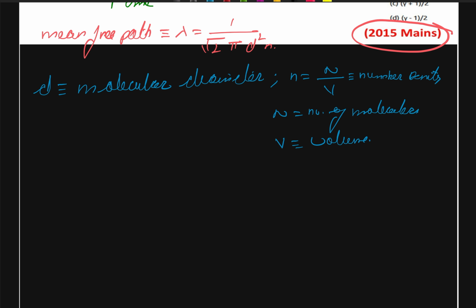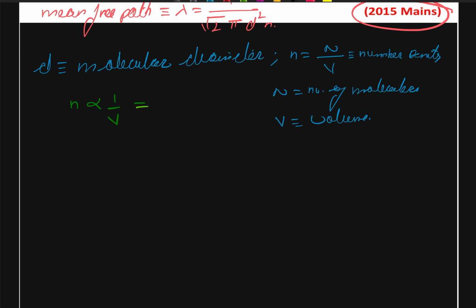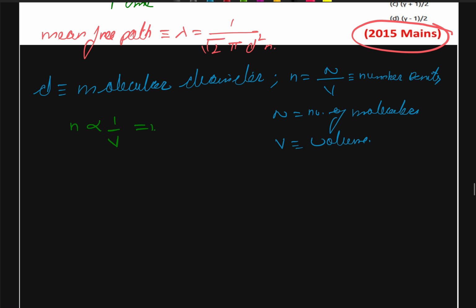So from here we can say that our n is inversely proportional to our volume. Therefore, we can write that our lambda is directly proportional to our volume.